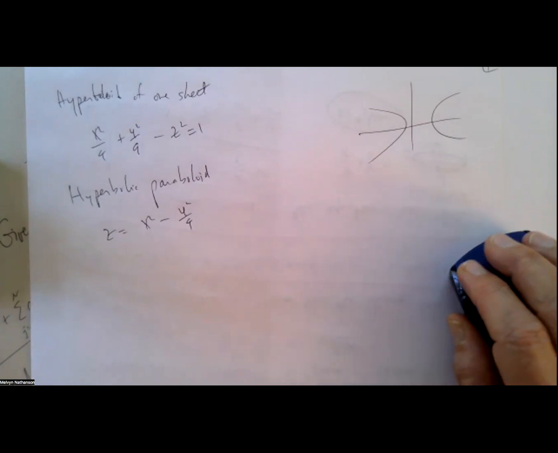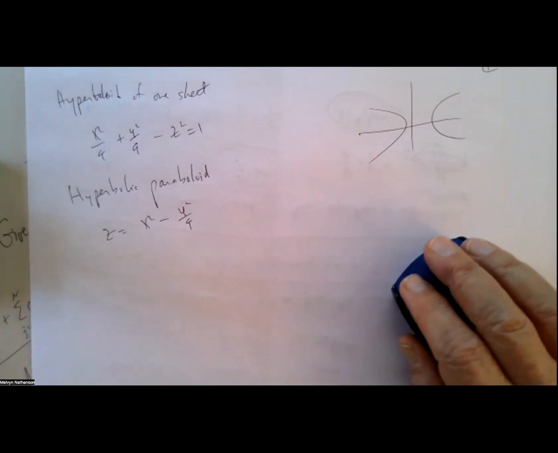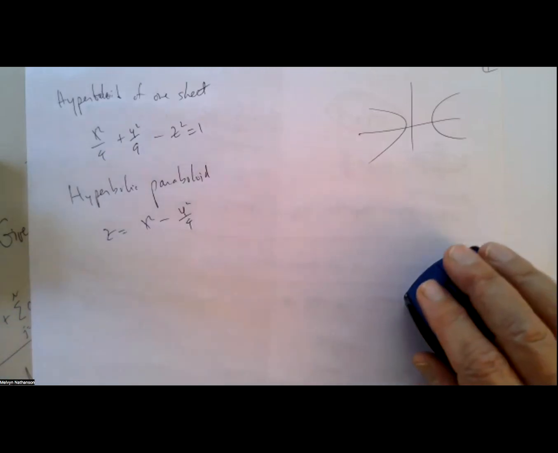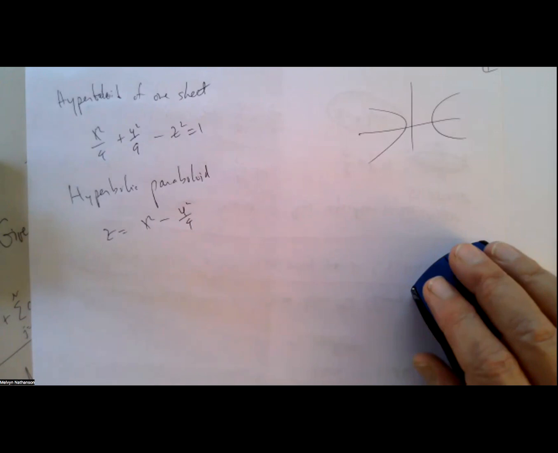This is going to be x squared minus y squared over 4 equals z.